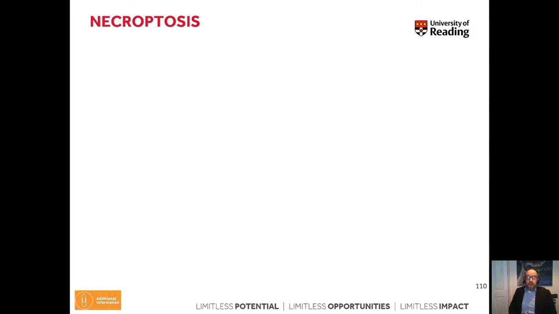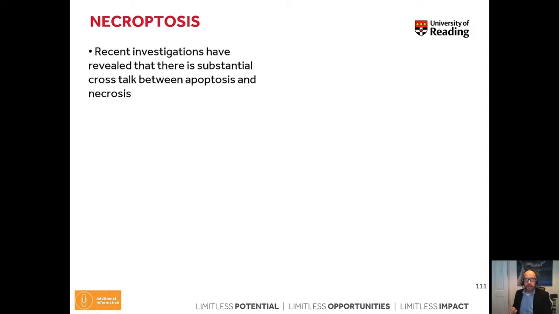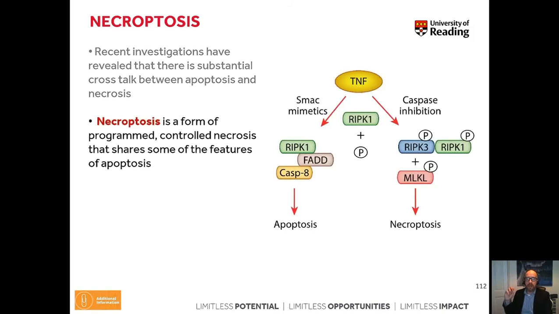After we have looked at apoptosis and necrosis, I would like to show you a newly discovered cell death mechanism, which is, however, not relevant for the exam. So this is, again, just to show you the bigger picture. Necroptosis is a cell death which combines elements of necrosis and apoptosis. Recent investigations have revealed that there is substantial crosstalk between apoptosis and certain forms of necrosis.